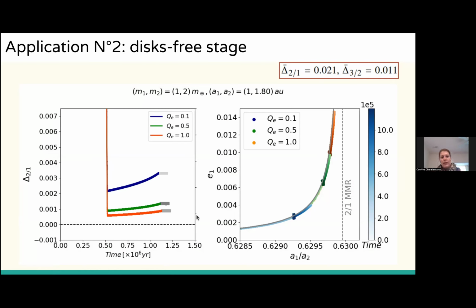All of this is for the same mass, so we have only one pericentric branch, and what we see is that the planets migrate until at some point they go back and use the same pericentric branch to escape the commensurability. And here, for different values of the circularization of the orbit, once again we are orders of magnitude away from the observed value.